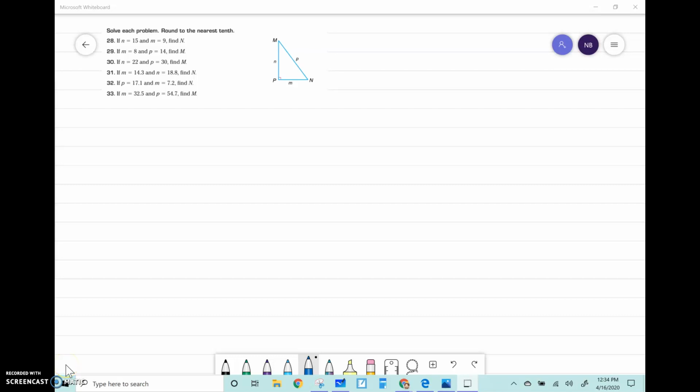All right, this is part two of our review after coming back from spring break. And we're still focusing on solving triangles. With this exercise, we're going to be actually using the inverse of our functions.